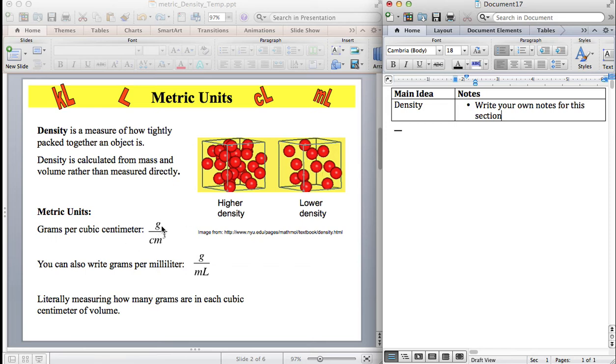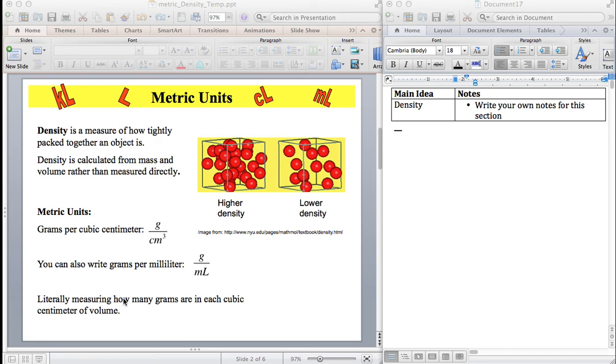And our units are kind of funky. So the units for density are grams per cubic centimeter, and it's written as a fraction, grams over cubic centimeter. You can also write it as grams over milliliters, and this should make sense because we know that a cubic centimeter is the same thing as a milliliter, so these two units are the same.